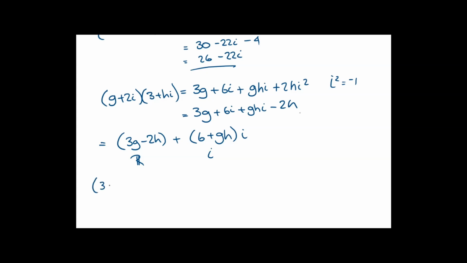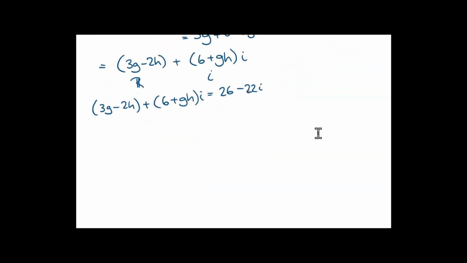So we have (3g minus 2h) plus (6 plus gh)i equals 26 minus 22i. Now we set the real parts equal to each other and the imaginary coefficients equal to each other.